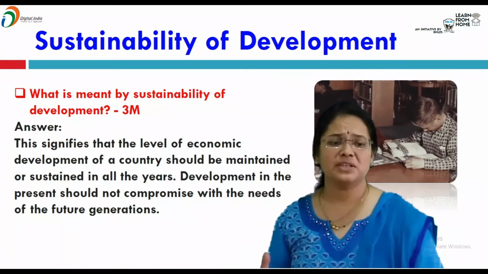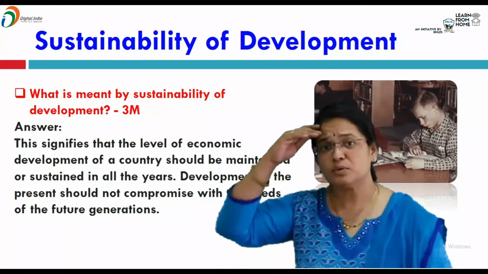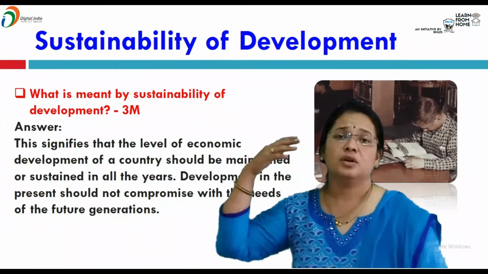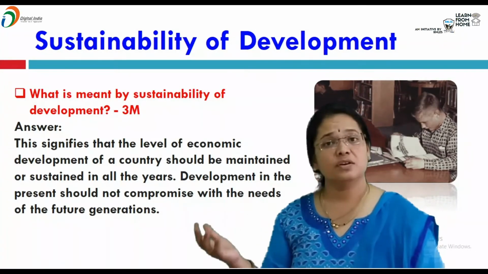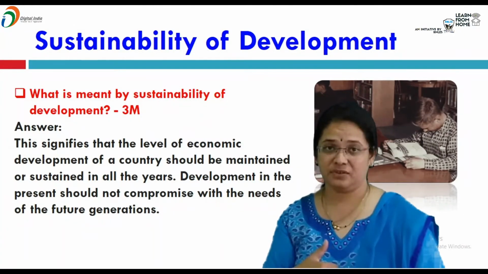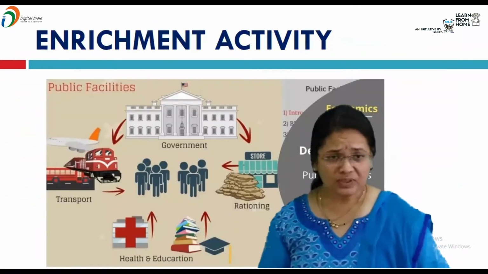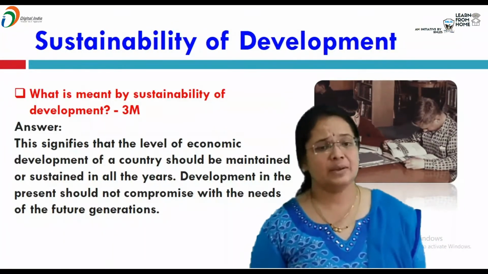And development in the present should not compromise the needs of future generations. Means future generations should get the resources they need on time, through limited use by us who are present. Okay, so this is about sustainability.